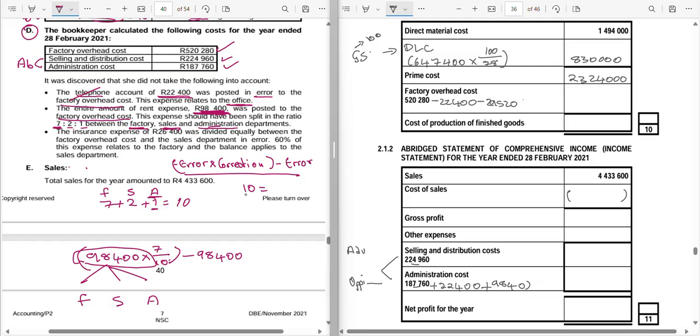29,520, right? This 29,520 is 7. If I still remember, it's 7. Yes. Plus this one is 1. So it gives us 8. So when we say 10 minus 8, we will be left with 2. This 2 is for selling and distribution.